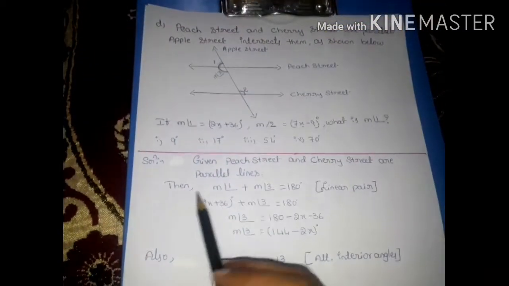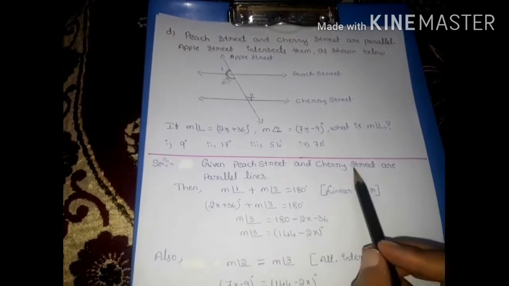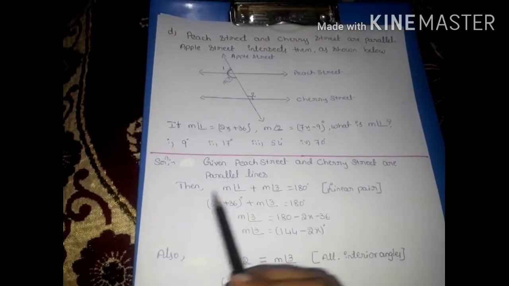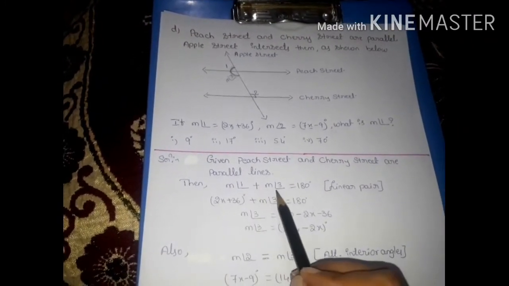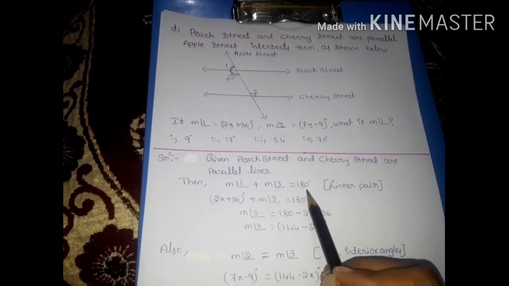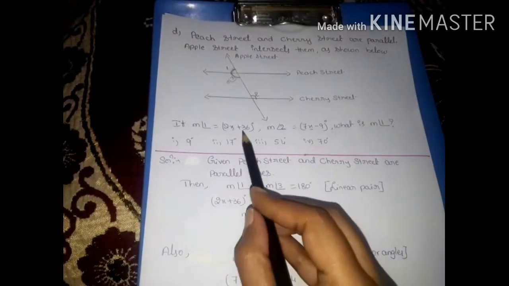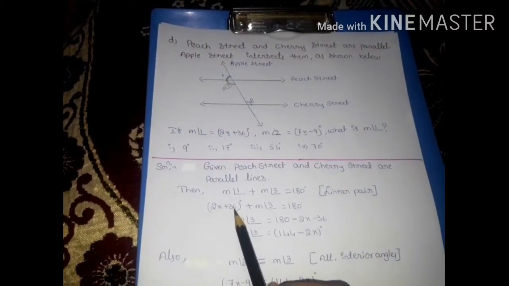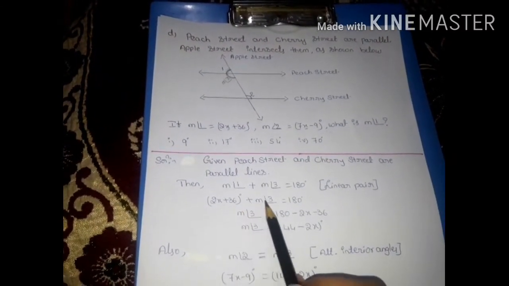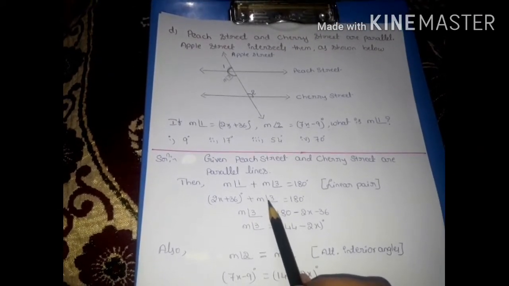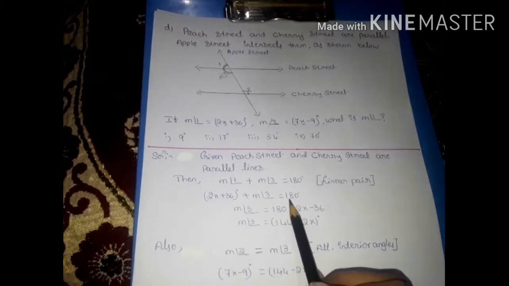So write down here: given Peach Street and Cherry Street are parallel lines, then m angle 1 plus m angle 3 is equal to 180 degrees because these two are a linear pair. m angle 1 is already given as 2x plus 36 degrees, plus m angle 3 which we have to find, keep as it is, equal to 180 degrees.